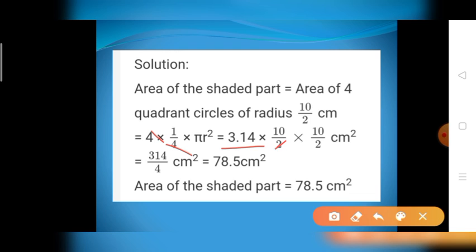Cancel the 2 table, 5 twos are 10, again 5 twos are 10, 5 fives are 25, 25 into 3.14. Multiplying, the answer is 78.5 centimeter square. Therefore the area of the shaded part is 78.5 centimeter square.